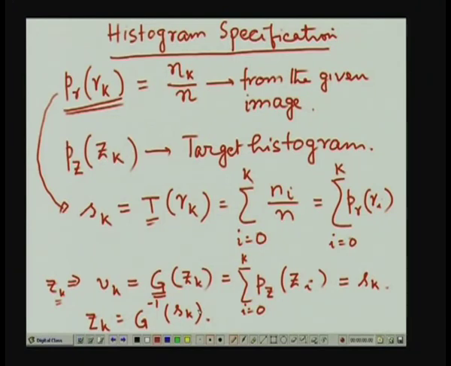Now, so far we have discussed that finding out Trk is very simple, that is, this forward process is very simple, but the difficulty comes in getting the inverse transformation, that is G inverse. It may not always be possible to get analytical expressions for T and G, and similarly it may not always be possible to get an analytical expression for G inverse.